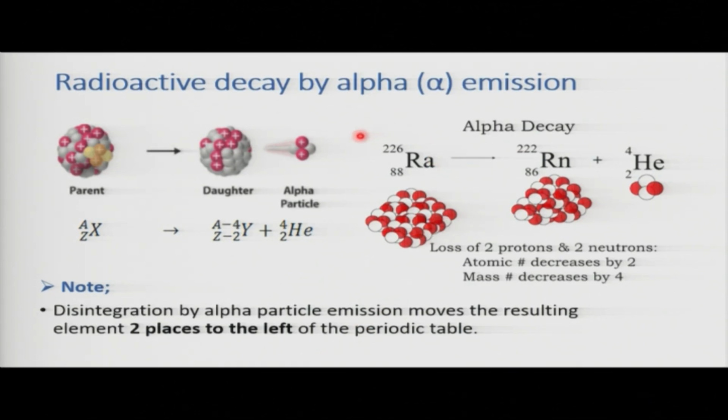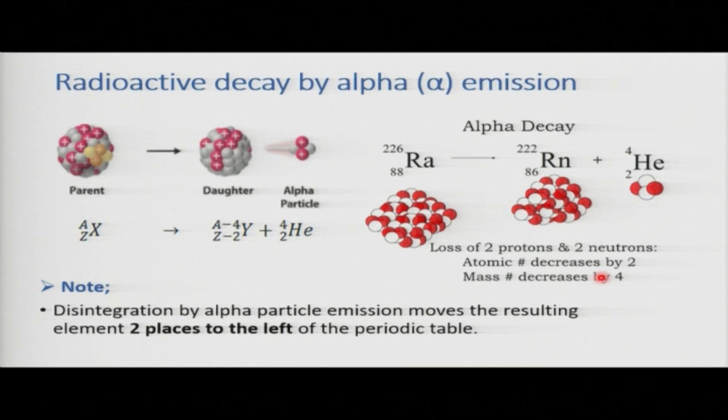If you have, for instance, radium disintegrating by emission of an alpha particle. Remember we said disintegration is the same as decay. Now it will yield a lighter atom. From 88 protons and 226 mass number to 222 mass number and 86 proton number, with helium being produced.